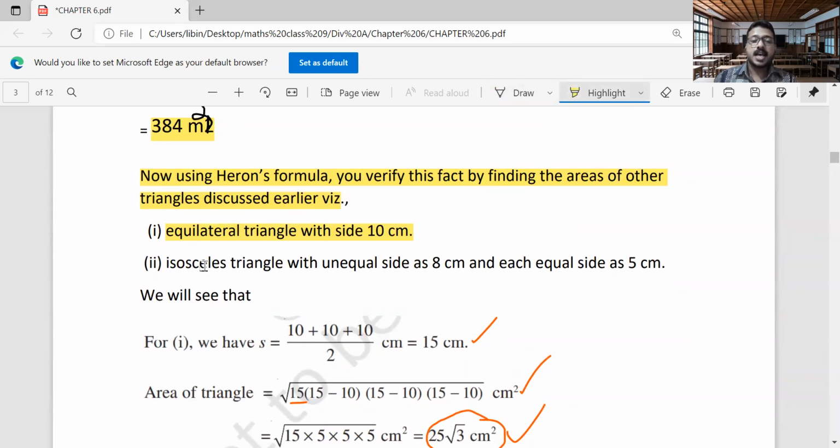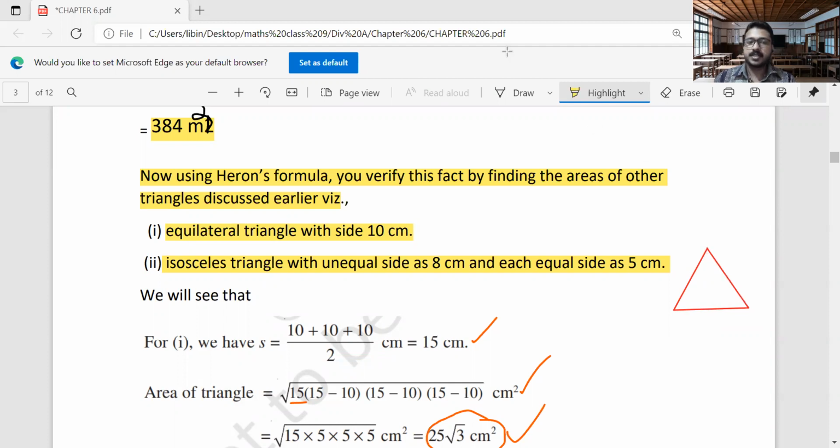Now in the second case, you are given an isosceles triangle with the unequal side as 8 centimeter and the equal sides as 5 centimeter. What is the peculiarity of that isosceles triangle?